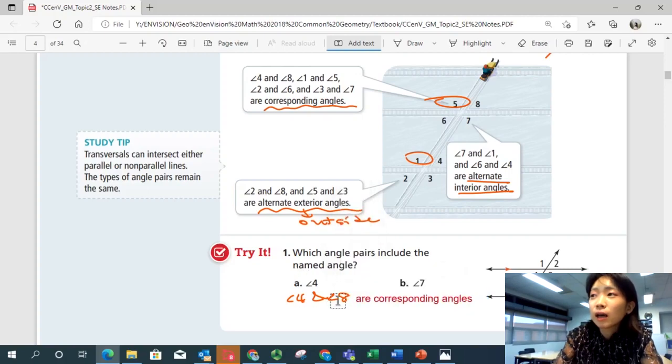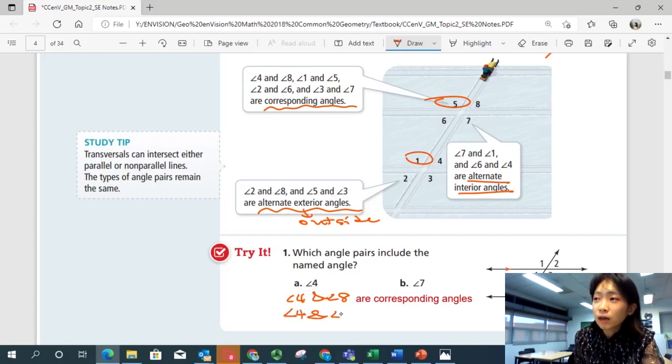Okay, and then what do we have? What about alternate angles? 4 is in the interior side, so you can have alternate interior angle with who? It's not on the same side, it's the other side. So 4 and 5, right?